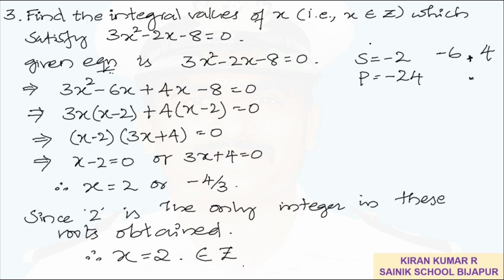This Z represents the set of integers. Here I shouldn't take the value of x as negative 4 by 3. The reason is negative 4 by 3 is not an integer.